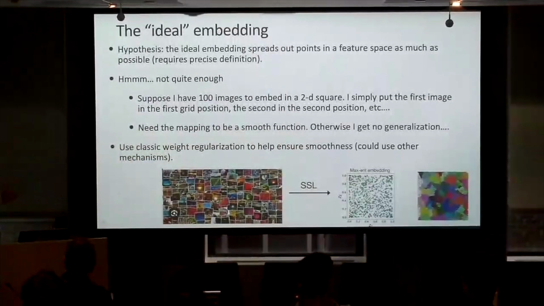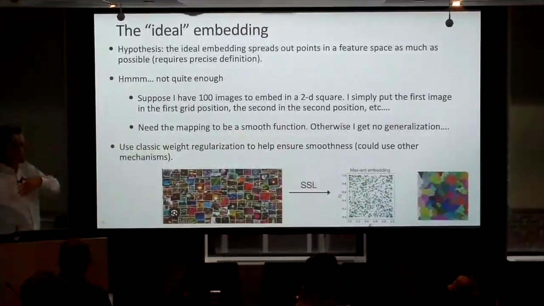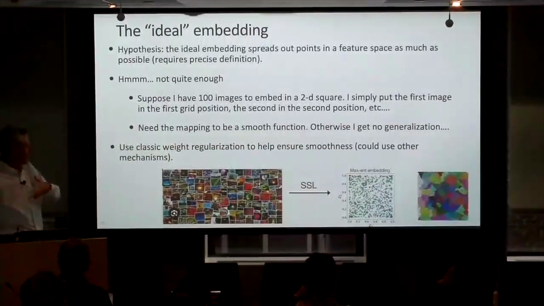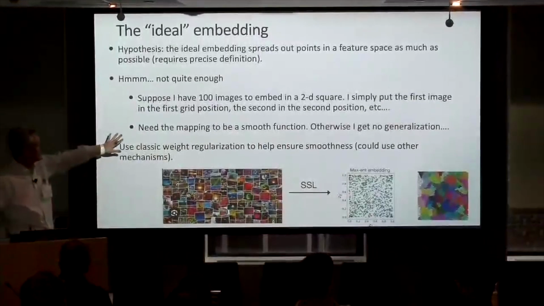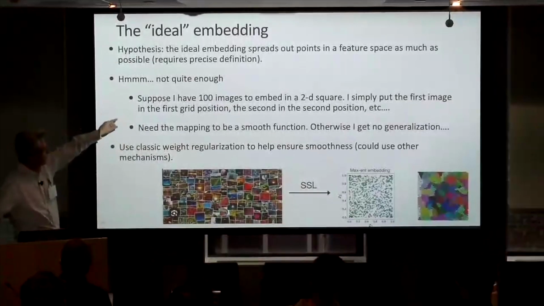And then I'm going to have no generalization ability. When I project a new image, it will not go into an area that's semantically meaningful. So I need the mapping in addition to spreading things out uniformly.